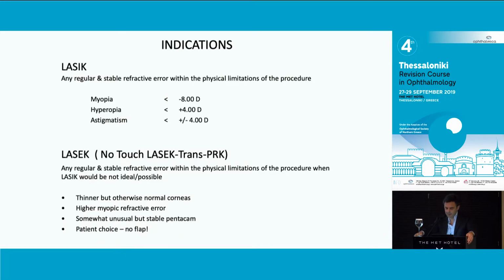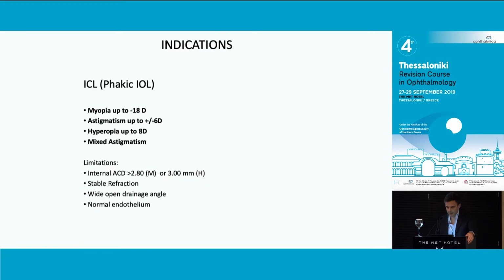So in corneas that are thinner but otherwise normal, in higher myopic refractive error, or if the Pentacam looks a little bit unusual, I would always prefer to choose a surface ablation versus LASIK or SMILE for the sake of avoiding the risk of long-term problems such as corneal ectasia.